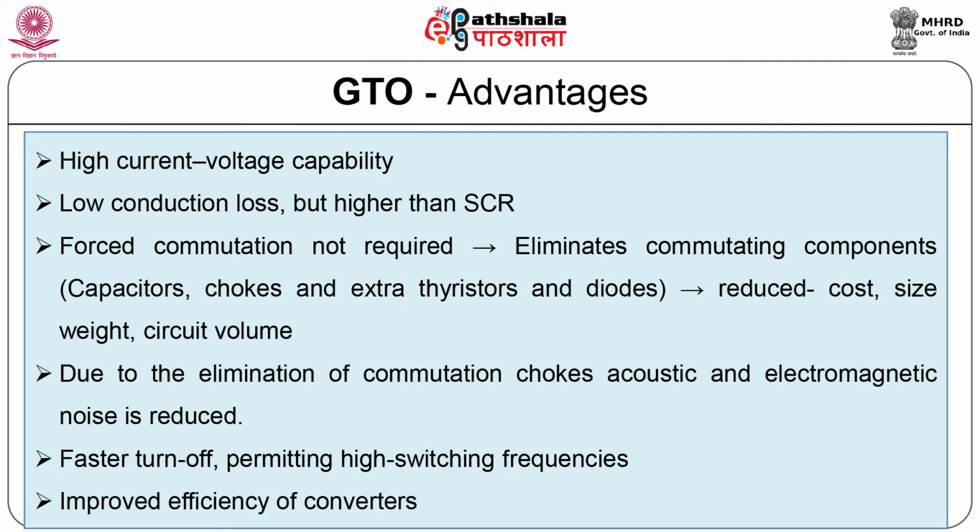Due to elimination of commutation chokes, acoustic and electromagnetic noise is greatly reduced. Since it has fast turn off, it permits higher switching operation than conventional thyristors. Because of high switching frequencies, it has improved efficiency.